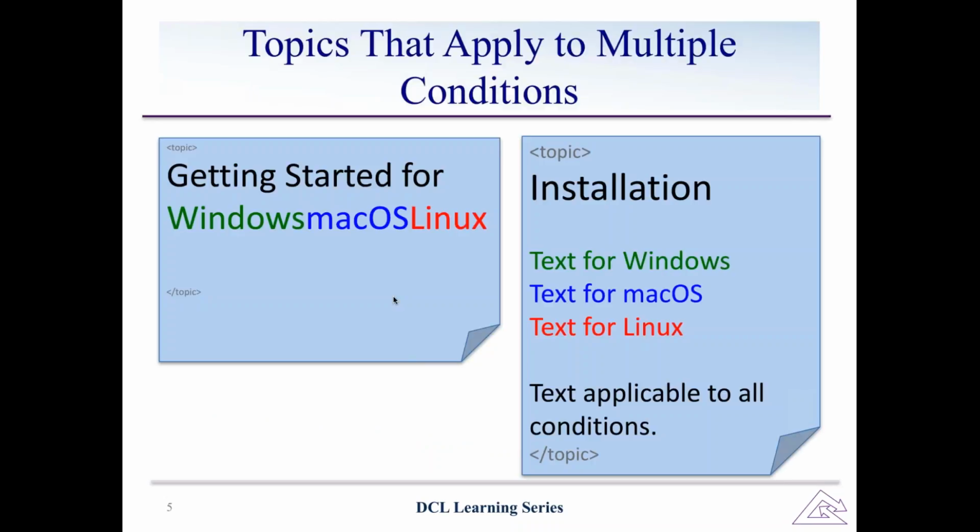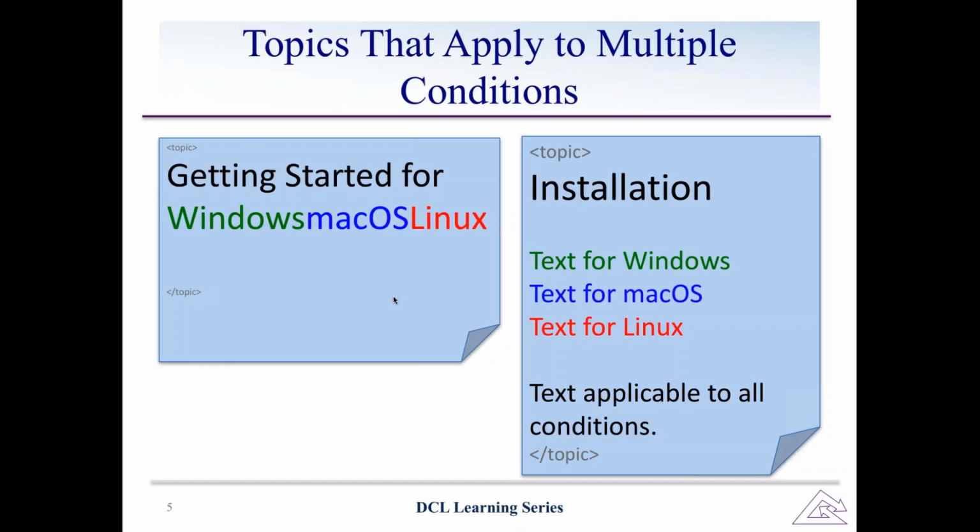All right, so we have topics that apply to multiple conditions. If any of you are out there using DITA for technical documentation, you probably already have conditional content in your document. So conditional content is not a new feature of DITA. What's new is the ability to have, within a single publication, different conditions apply in different parts of that publication.